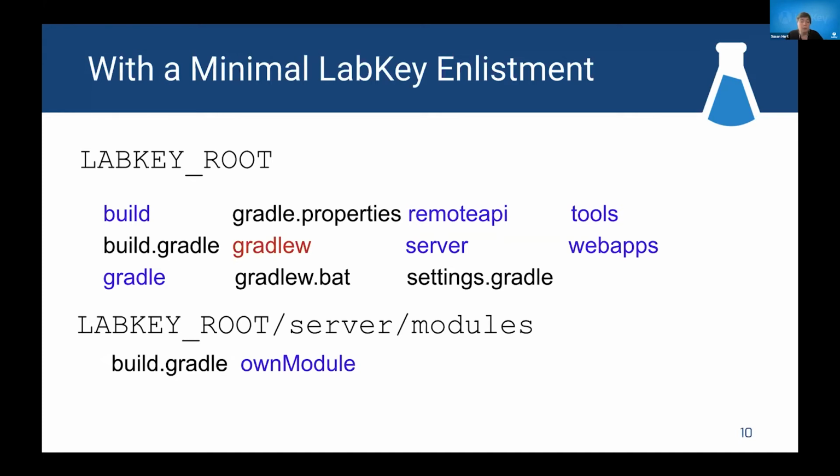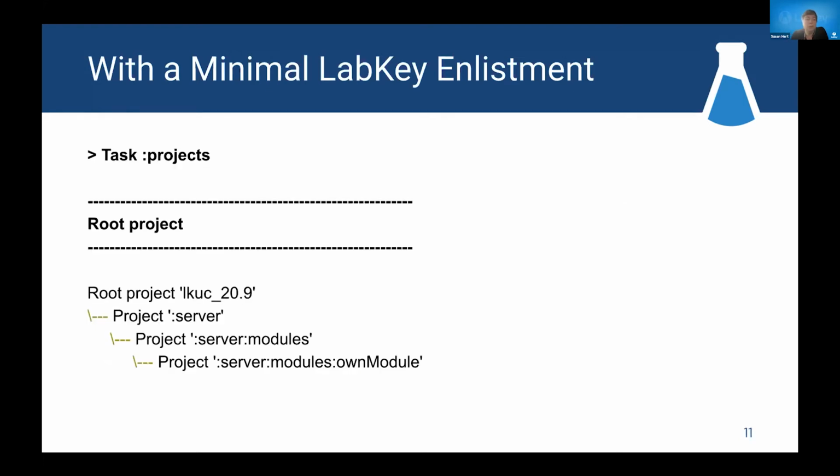And with that setup, I haven't changed the settings file at all. If I run the projects task, you can see that there's only one project. Well, there are technically three, but there's only one module that Gradle knows about. And so that's a good clue to you that it's the only thing that's going to be built because it just doesn't know anything about anything else.